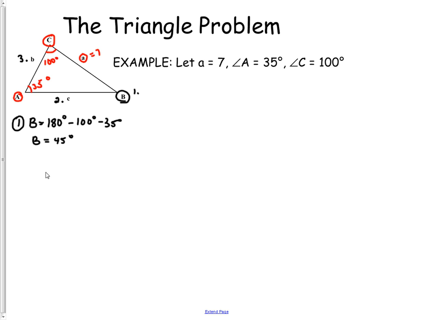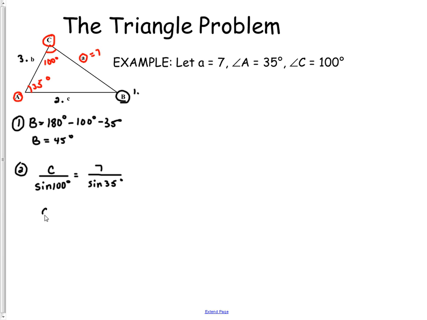Well, in this case, if I find my side C, I'm going to set it up so that I take the length of my side C divided by the sine of its opposite angle. So C divided by the sine of 100 degrees is going to be equal to, let's go with our given situation, 7, which is side a, divided by the sine of its opposite angle, the sine of 35 degrees.